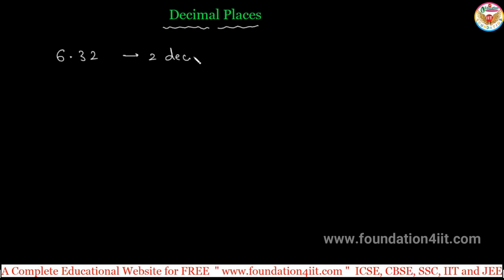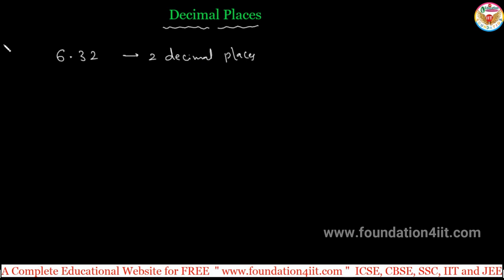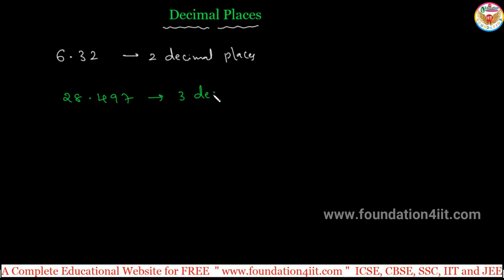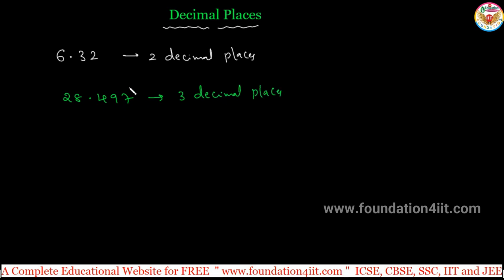It is counted only after the point. Now, for example, 28.497. After the point there are 3 figures, so it has 3 decimal places. So decimal places is the number of figures after the point.